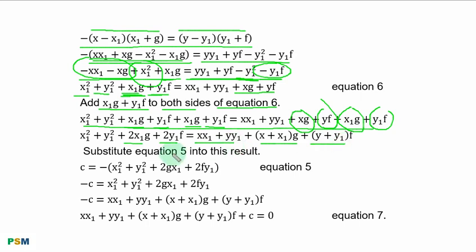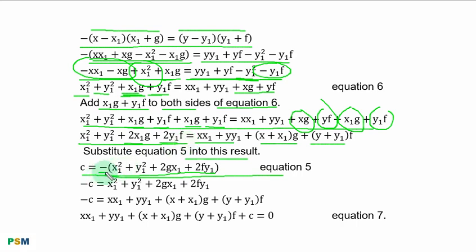To continue, you have to substitute equation 5 into this result. This is equation 5. If you check this part now, it is almost the same with this part. Almost, because there is minus sign here.